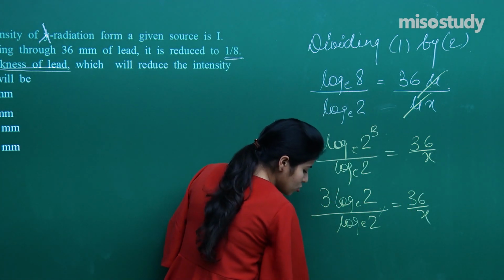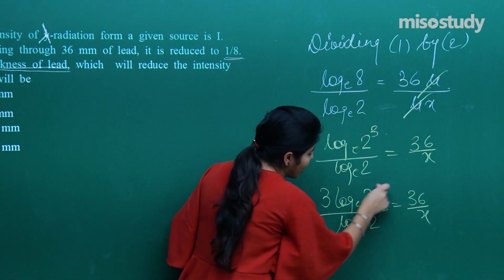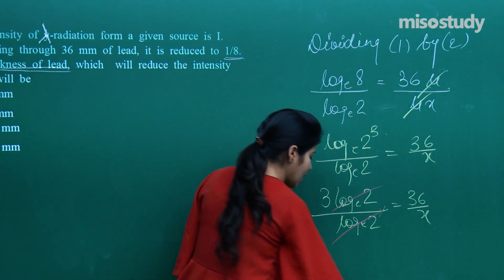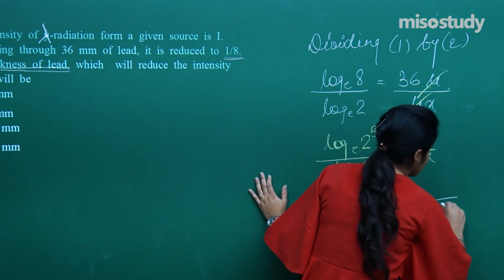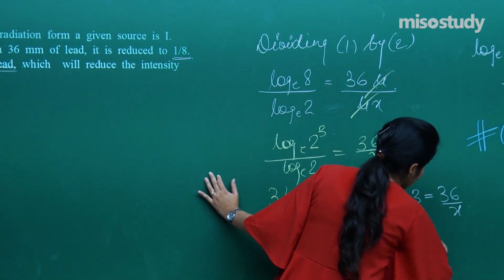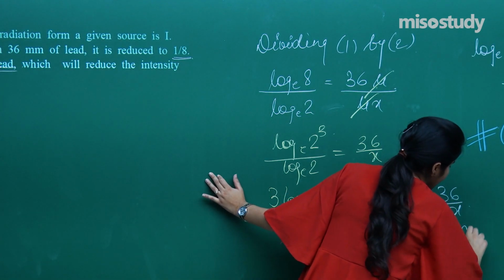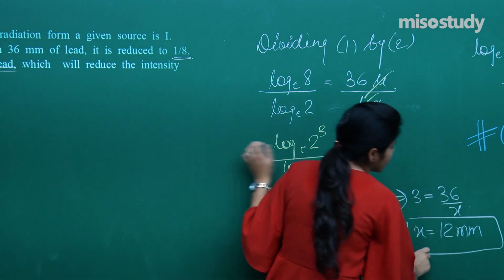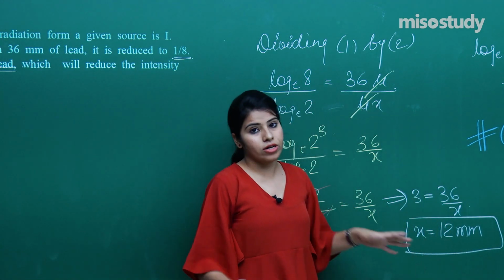So log e base 2 cancels. You are left with 3 equals 36 by x. So your x comes out to be 12 millimeter. This must be the answer according to us.